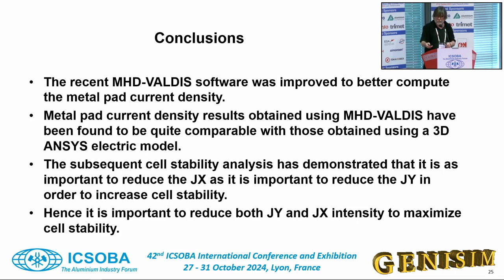What we did for sure is show that JX is as important as JY, and so you need to consider both, not only JY because you have a slice model and you want to design a better cathode assembly. Do not disregard the X direction, because the X direction is important for cell stability: the current pickup, the way the first anode aligns or not with the first cathode block, and the ledge there in the corner, especially, which I have not discussed at all.